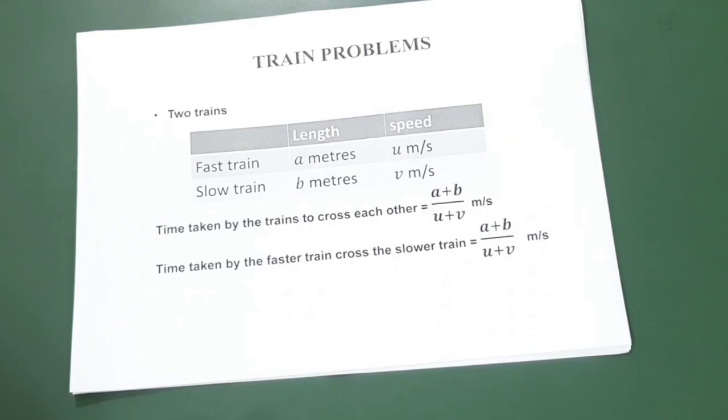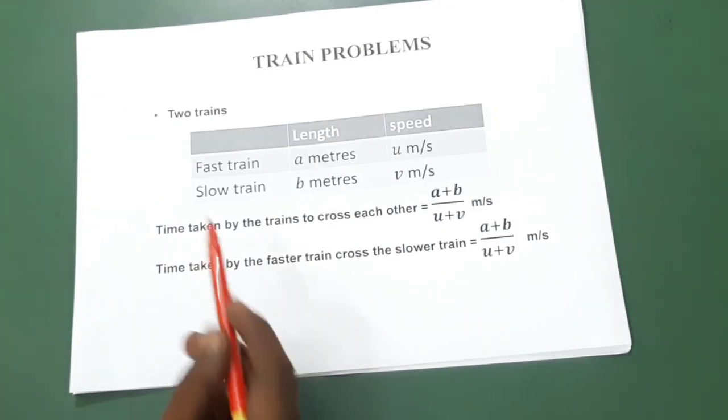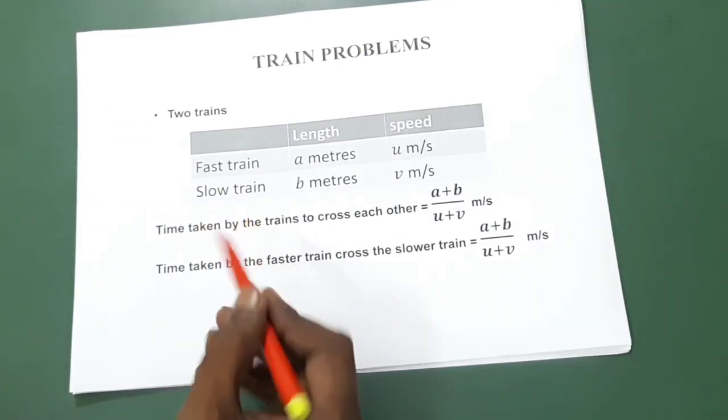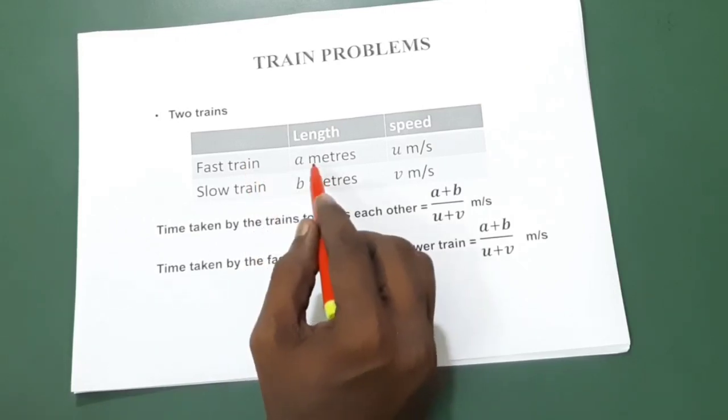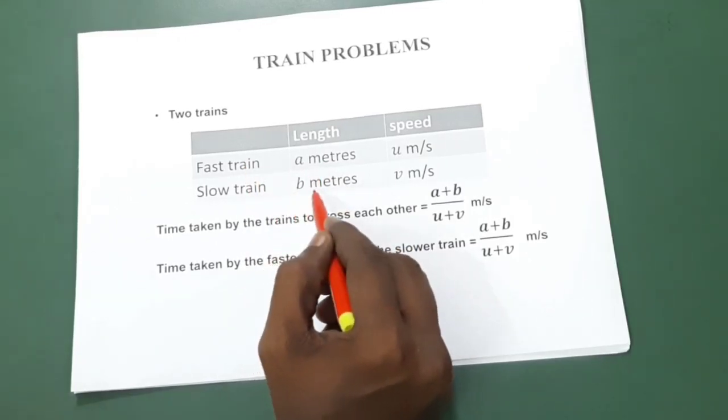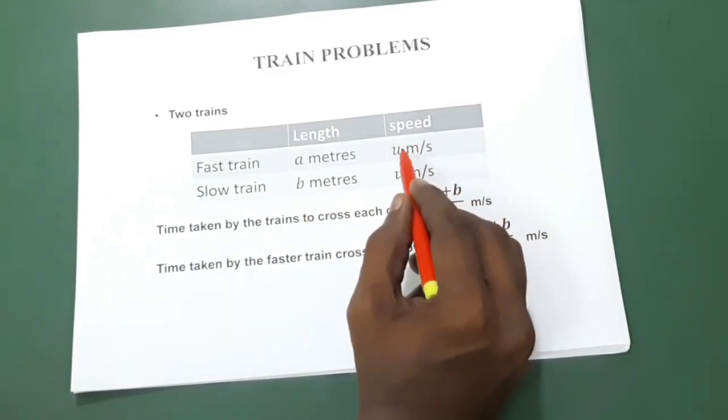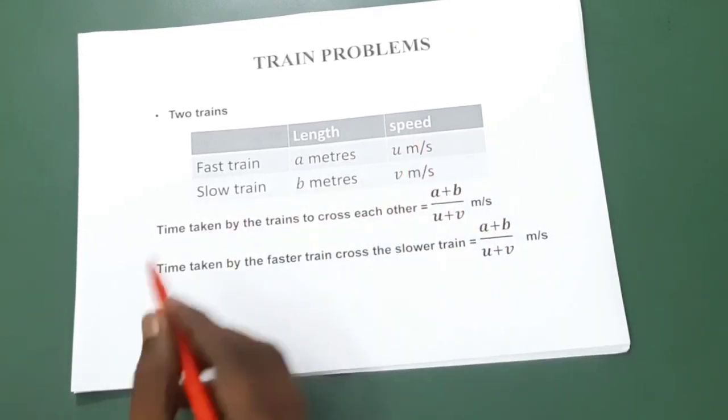And the next formula: we have 2 trains, the fast train and the slow train. For example, the length of the fast train is A and the length of the slow train is B, and the speeds are u and v respectively.